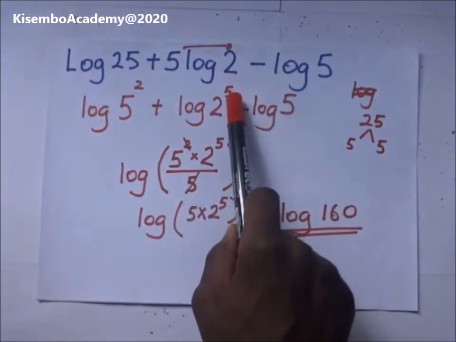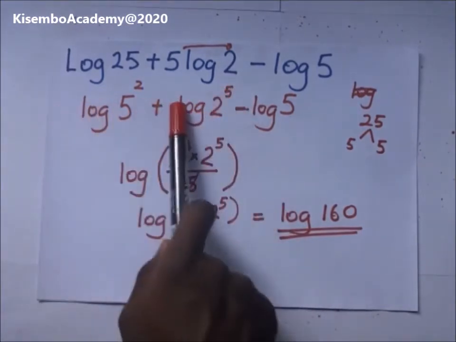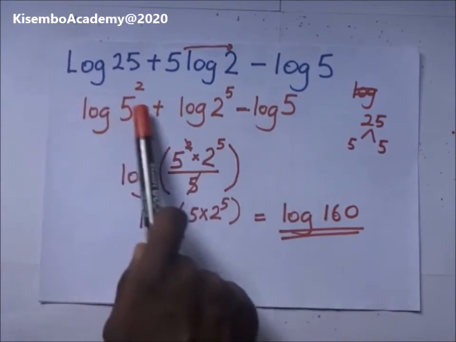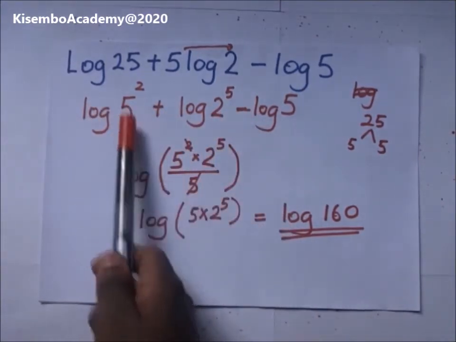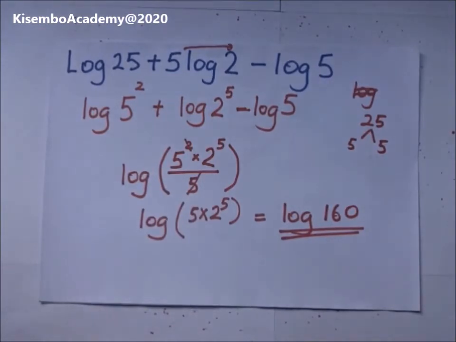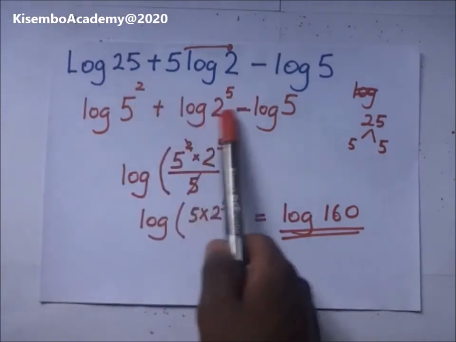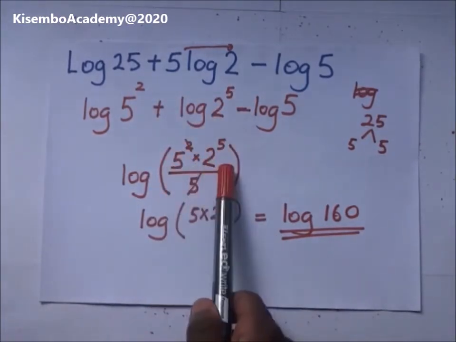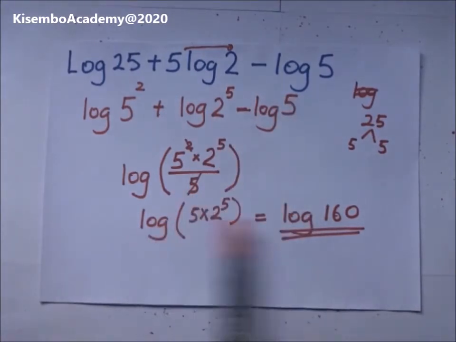That is why we have it in the next step like that. And then after making sure that each coefficient of the logarithm was 1, we went ahead and applied the properties of logarithms. When you're adding, you multiply these numbers: 5 times 2 to the power 5. Divide that by, because it's minus now, divide by 5, and we get our answer like that.